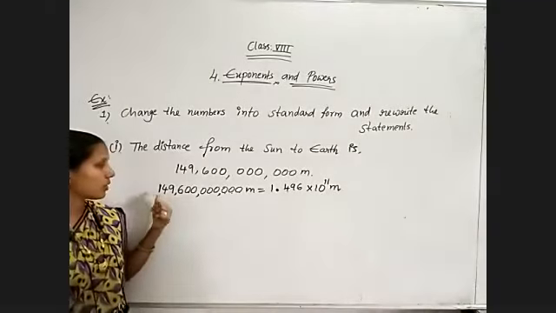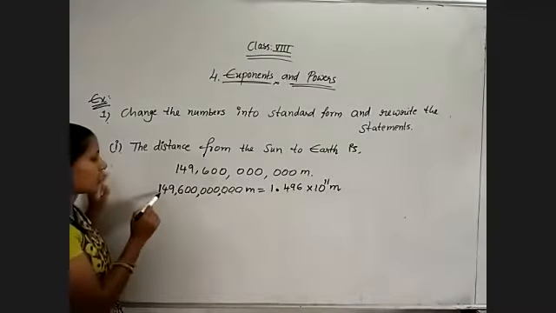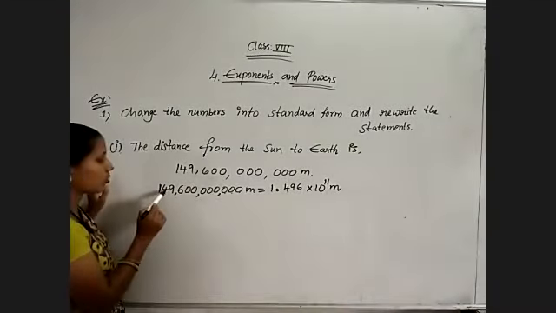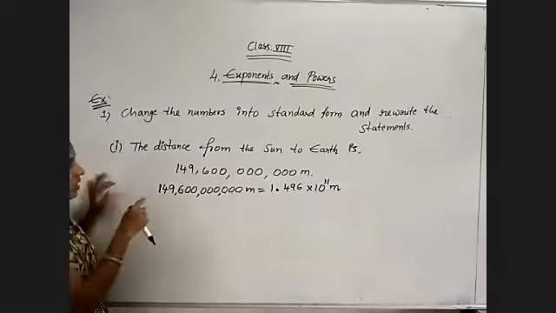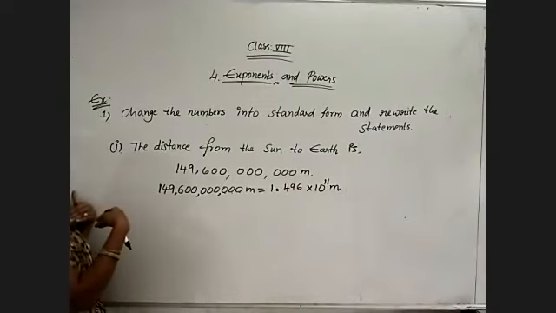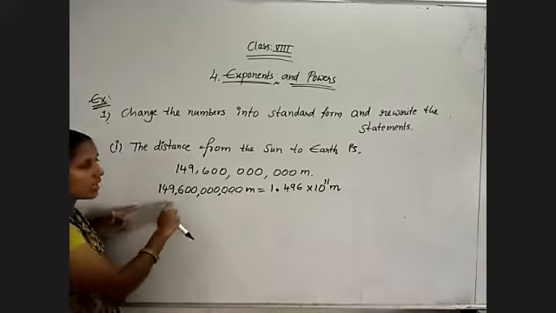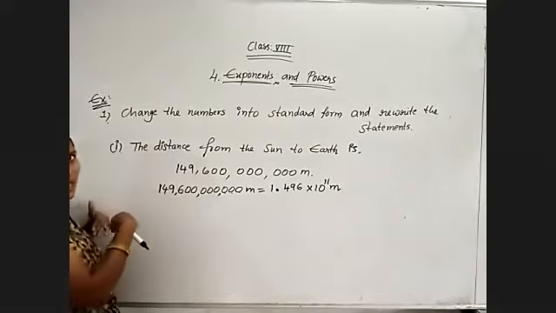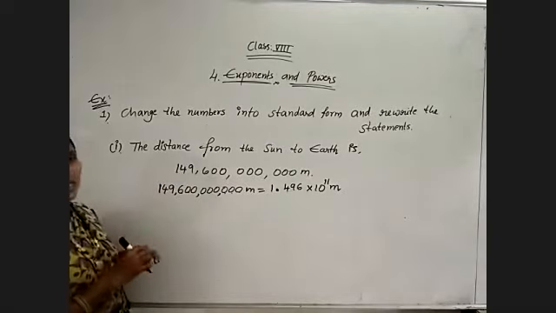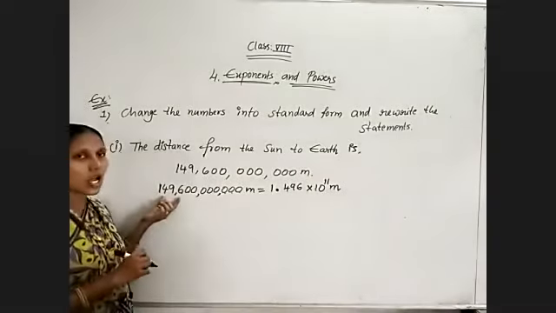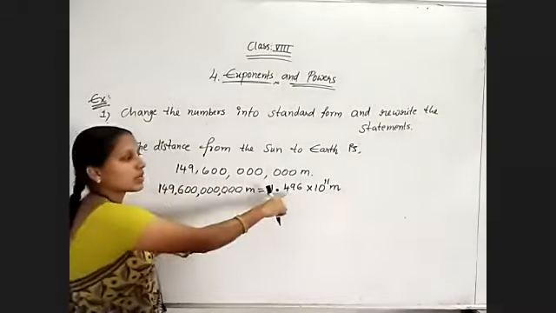Total how many digits are there in this number? 1, 2, 3, 4, 5, 6, 7, 8, 9, 10, 11, 12. Total 12 digits are there, but 1 digit I am writing before the point. So 1.496 into 10 to the power of 11. Total 12 digits, 1 digit we are reducing, so 10 to the power of 11 meters. And after the point, whatever non-zero values are there, all those we must mention.